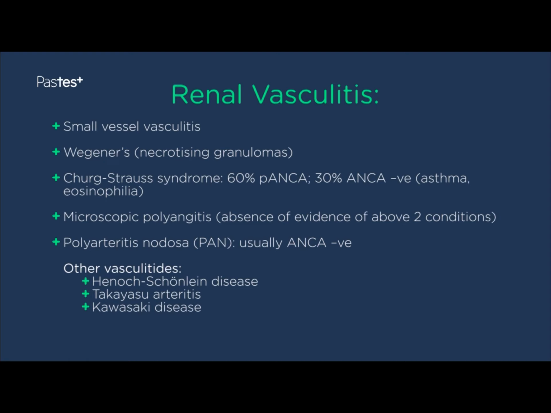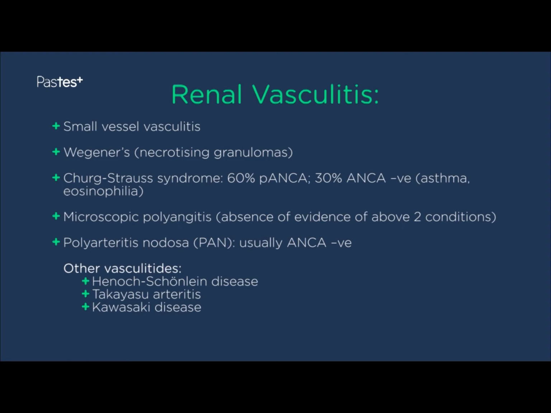Microscopic polyangiitis is an ANCA positive condition which has no evidence of the above two conditions. So these patients would present with new onset acute kidney injury, with skin rash, but no signs of Wegener's granulomatosis in the upper respiratory tract, and no history of eosinophilia and asthma.